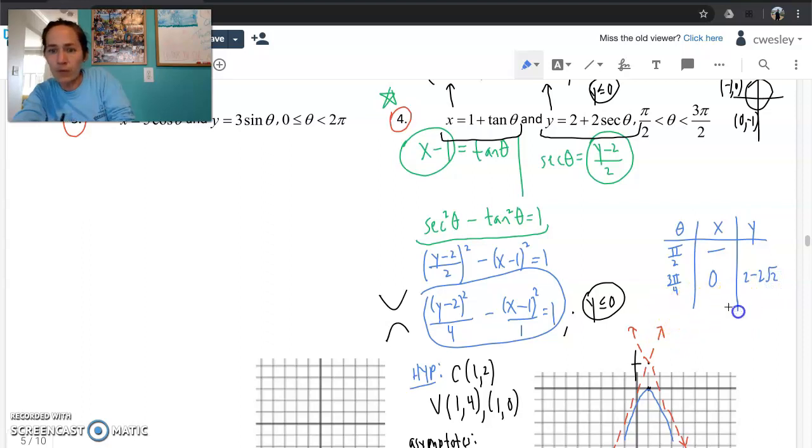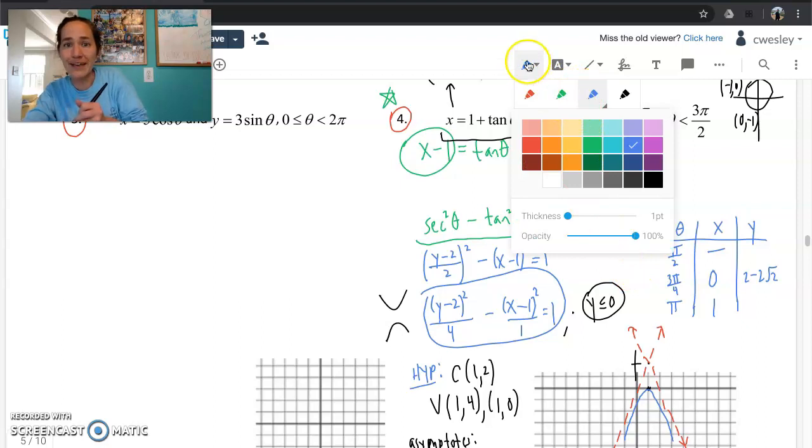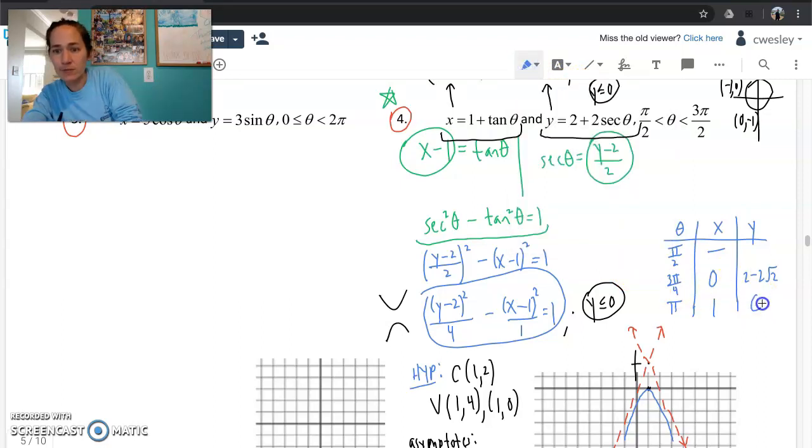And then let's pick one more. I don't think that 3 pi over 2 is going to give me a defined value, so I just chose another random value. I chose pi. And pi plugged in here, 1 plus the tangent of pi, 1 plus 0 gives you 1. And then plugging pi into this y expression, 2 plus 2 times the secant of pi is like saying 2 plus 2 times -1, 2 minus 2 gives me 0.